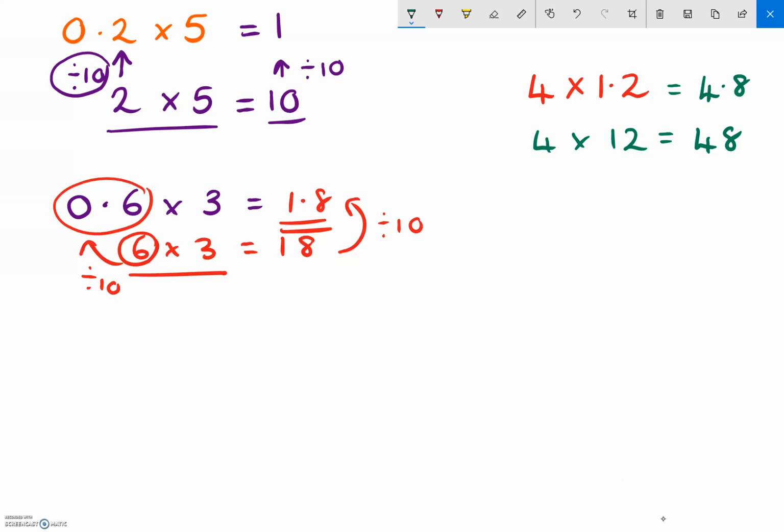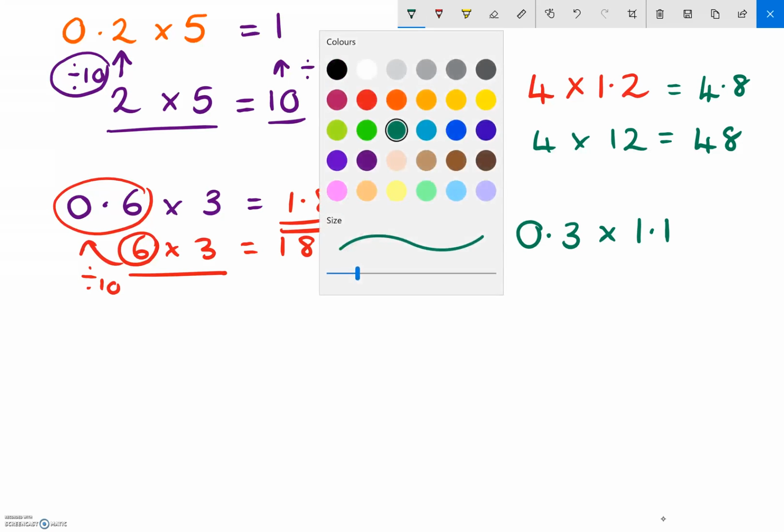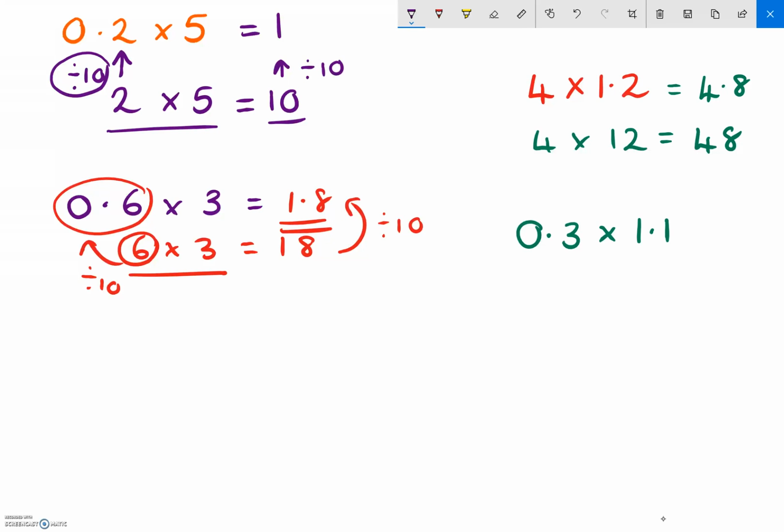If I had 0.3 multiplied by 1.1, this time I know that 3 multiplied by 11 is 33. Now this is being divided by 10 and this is being divided by 10.